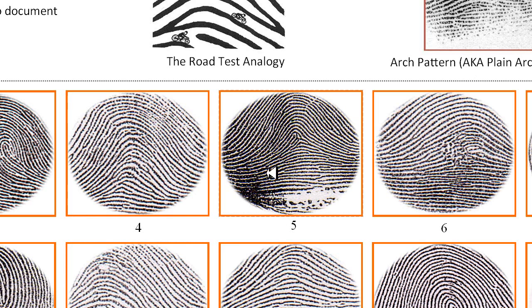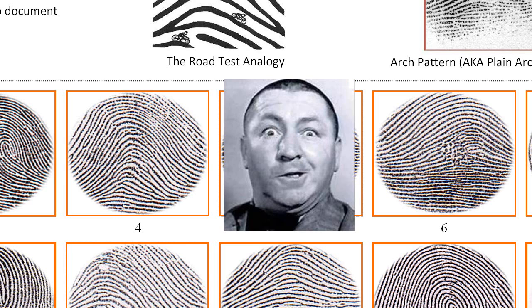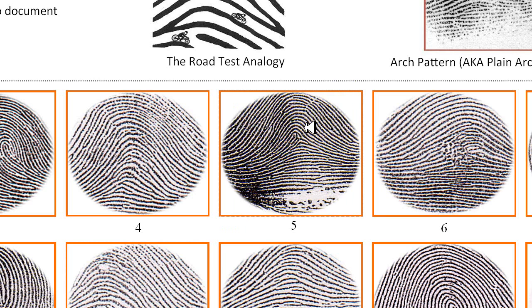Number 5, we have ridges that start on one side, rise and return. However, there is something, and it's very important, that's how Curly used to say it, sorry about that. The very important ridges are in the center. Now these, if you compare to this one, these ridges are different, and therefore this cannot be considered an arch.